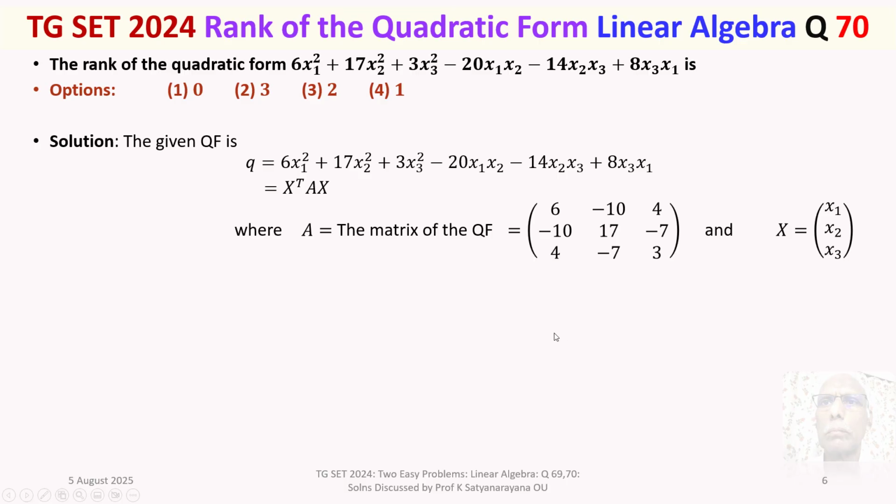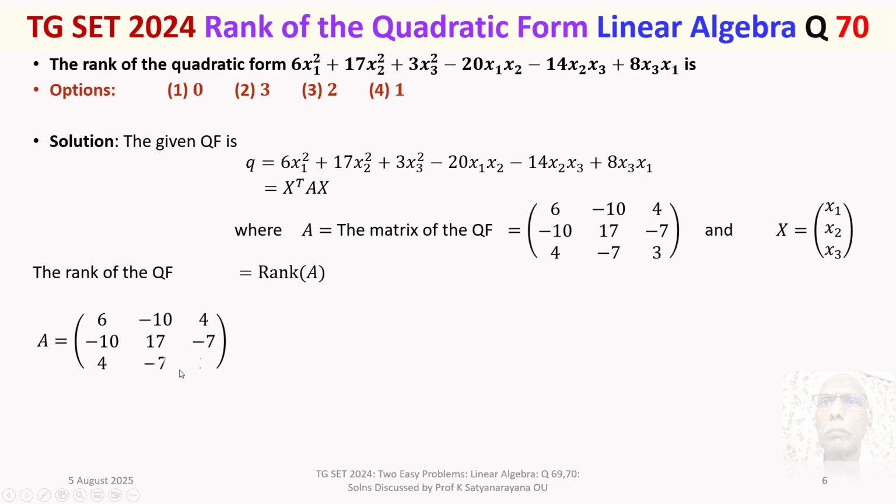So how do we find the rank of the quadratic form? The rank of the quadratic form is equal to the rank of the matrix A, that is the matrix of the quadratic form. So take the matrix, call it A. Now we want to reduce it to a row reduced echelon form.